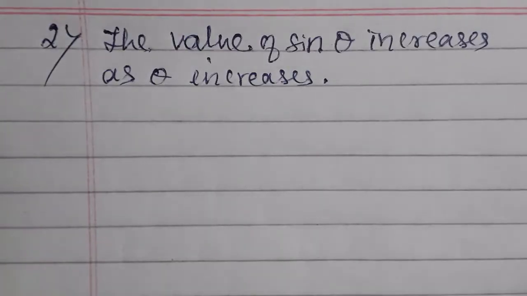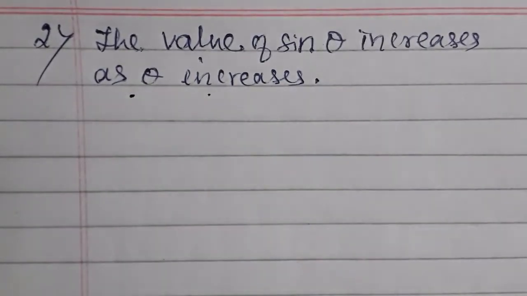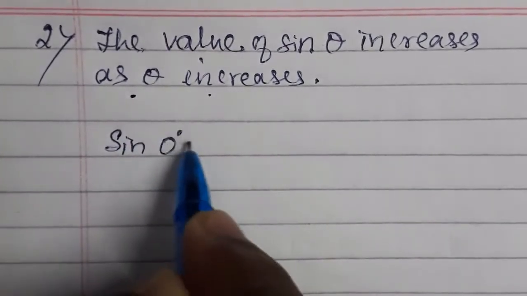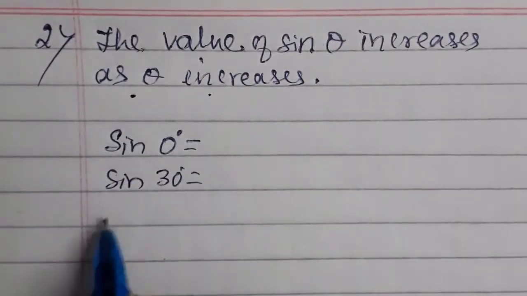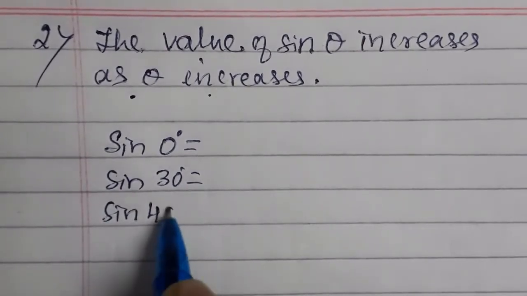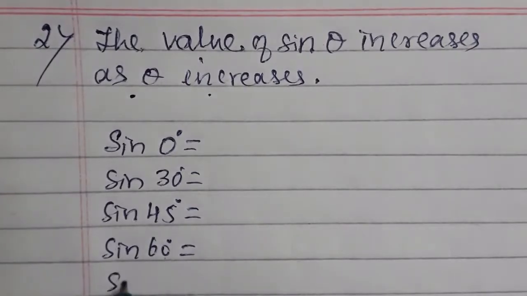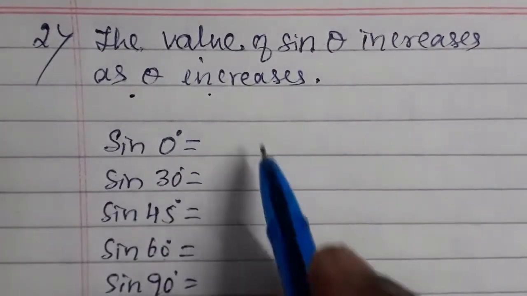The next question is, the value of sin theta increases as theta increases. We will check that. Sine 0 degree, sine 30 degree, sine 45 degree, sine 60 degree, sine 90 degree. You can notice the angle is increasing.